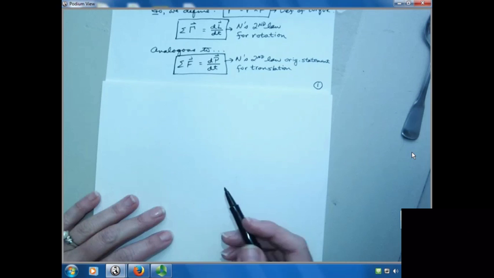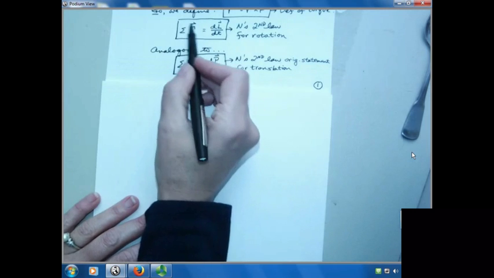There are some cases where we can choose a special origin such that the torque is zero. Like, let's say there's only one force acting. If you were to consider the point along the line of that force, then the torque due to that force would be zero. We'll talk about things like that later. But for right now, I should probably write something up. For some problems, we can choose an origin such that the net torque on a system is zero.